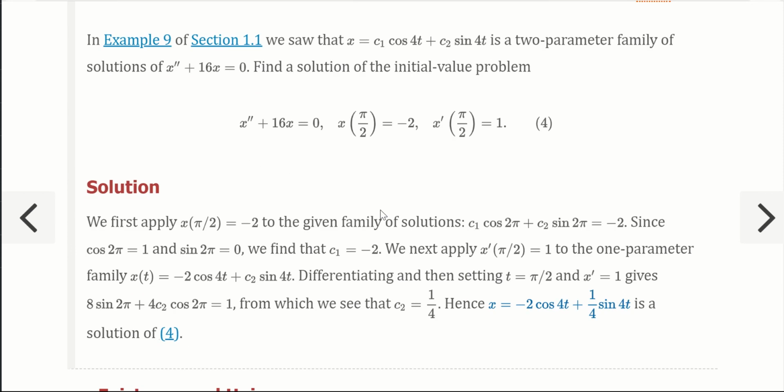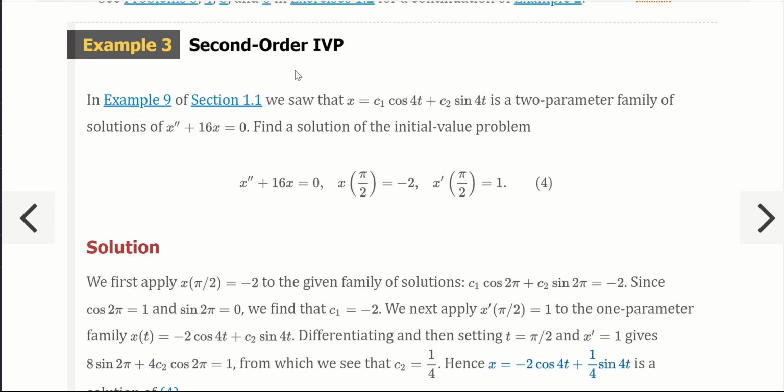Let's take a look at another example of an initial value problem. This time, let's take a look at this particular differential equation. We have the second derivative of x plus 16 times x is equal to 0.